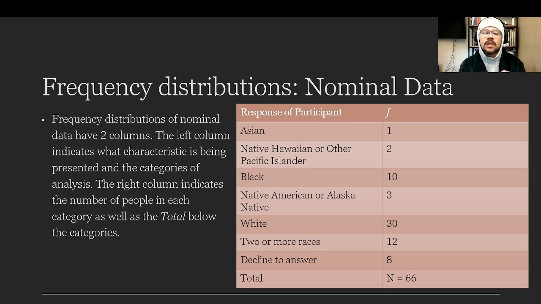In this case, if this were part of the results of research, I would want to include what question was being asked. I left it out on purpose because I wanted to demonstrate that at times we are able to infer a little bit about what question might have been asked.